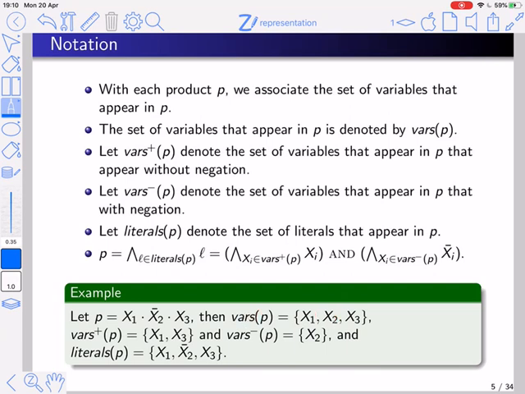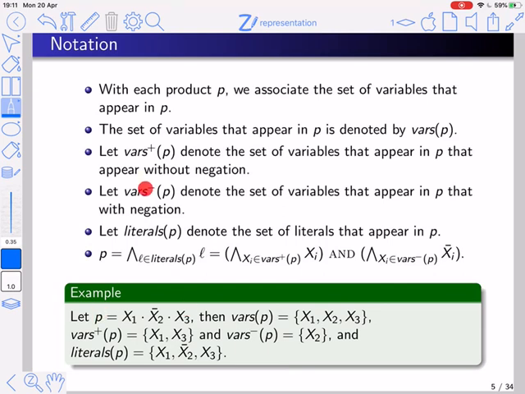Now, I can make a distinction between the variables that appear with a negation and those that appear without a negation in P. So let vars plus of P denote the set of variables that appear in P without negation. So vars plus of P here is x1 and x3 because x1 and x3 appear in P without negation.